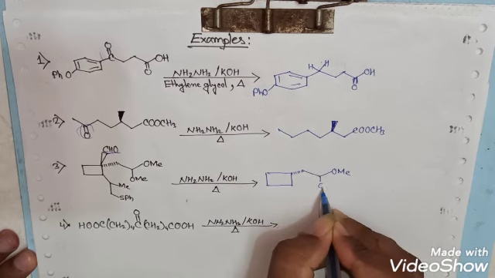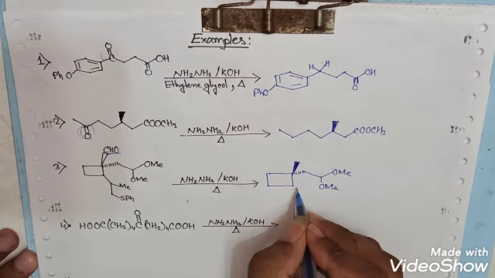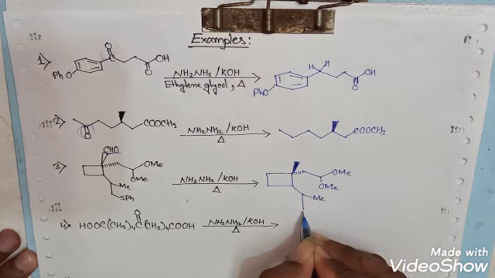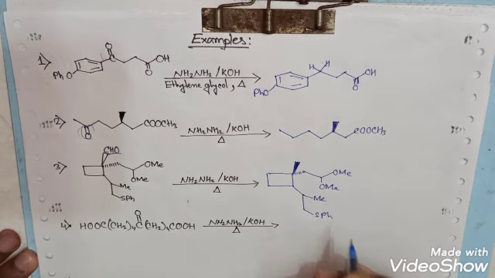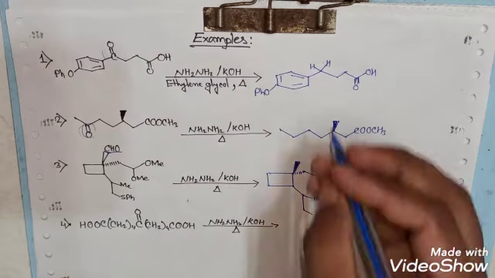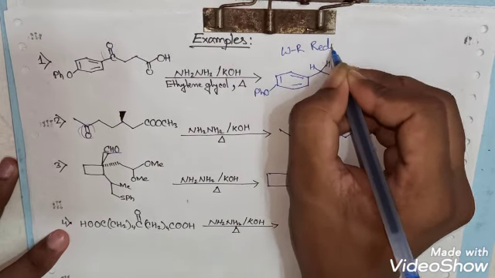After being reduced it is going to be a methylene group, and this a methyl group. Okay, this has been solved. So these three of them are Wolff-Kishner reductions. You can write it short as WK reduction.